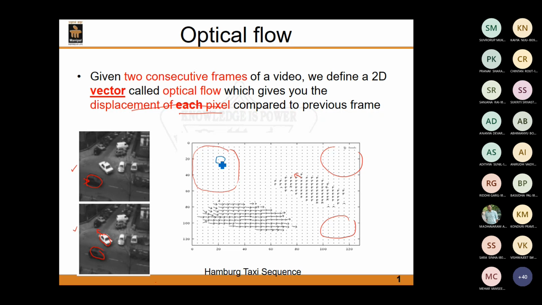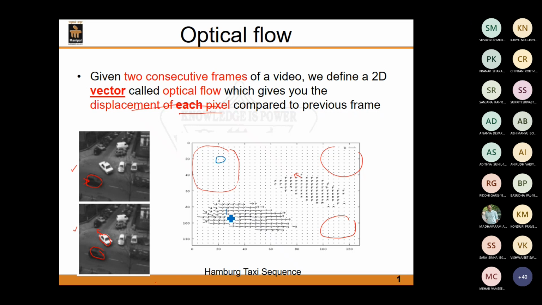If I'm taking a small neighborhood over here, I'm putting a smoothness constraint which says that the optical flow vectors present within this neighborhood are similar. So smoothness means that the optical flow vectors are similar within a small neighborhood. So the constraint here is that considering a small neighborhood, it remains the same. That applies here also.